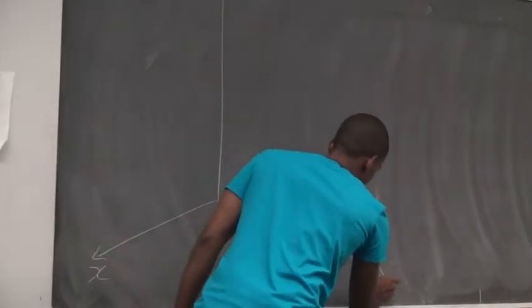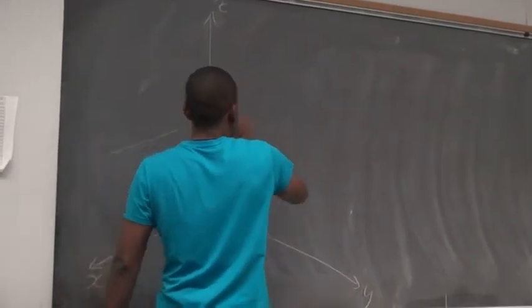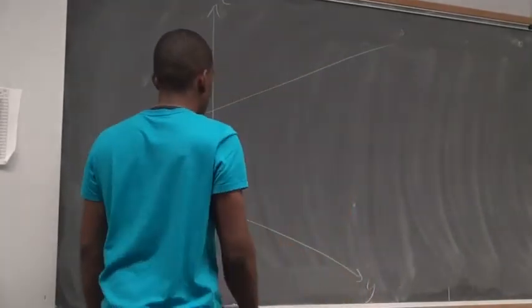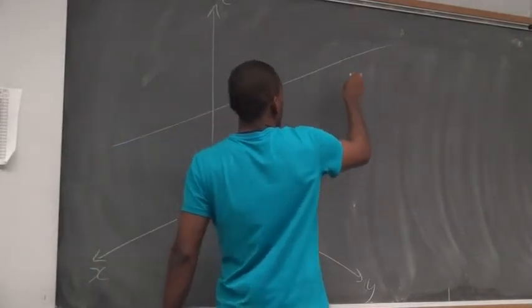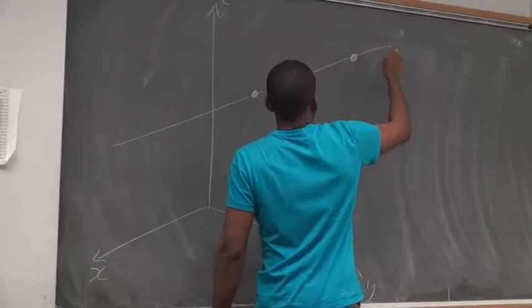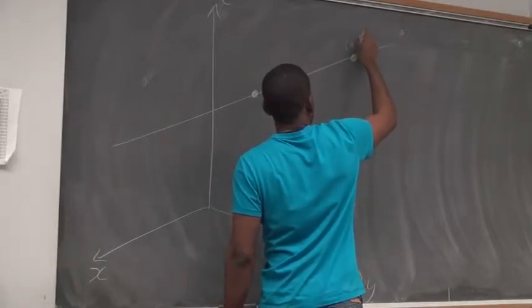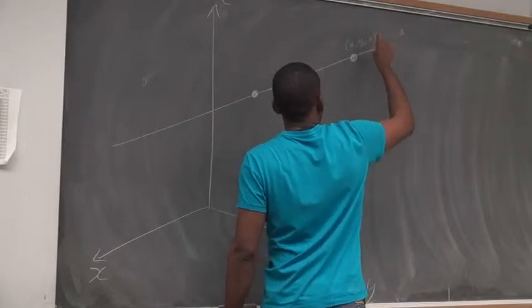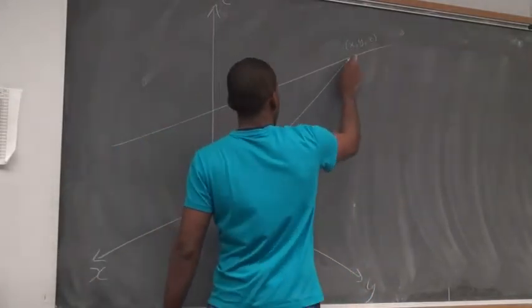So we're in 3 dimensions here. There's a random line going on. The random x, y, z coordinate is given by a position vector that goes to here.